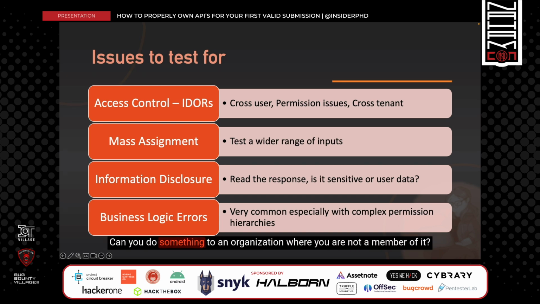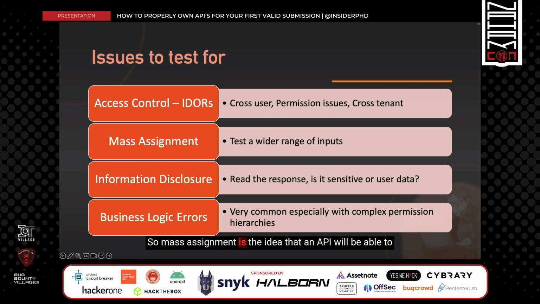Can you do something to an organization where you're not a member of it? Can you do a high permission level thing, like for example an admin action as a regular user? All of those, access control. There's a bunch of different ways to test for these, but I really recommend the cookie trick, which I'll talk about in a second.